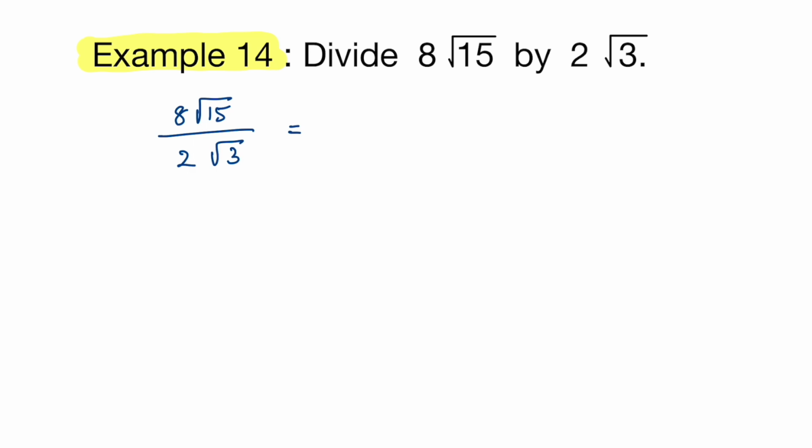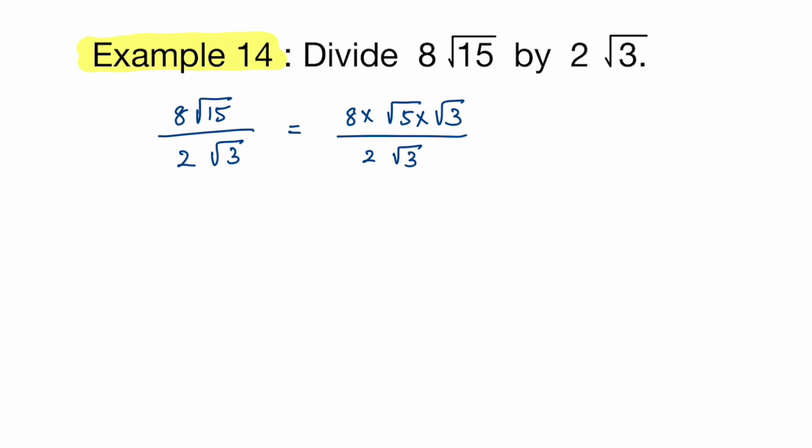Okay, now if we do that, we will be able to cancel these things out. Cancel the root 3 from the denominator with the root 3 from the numerator. So what do I exactly mean by that? Observe it carefully. So it is 8 times root 5 into root 3 divided by 2 root 3.